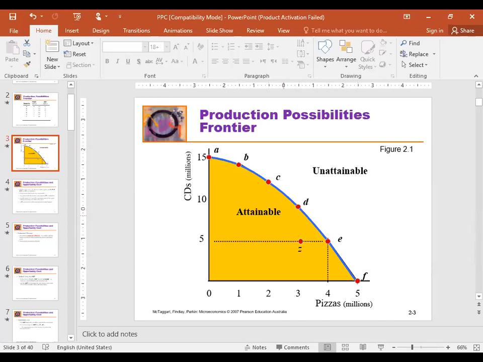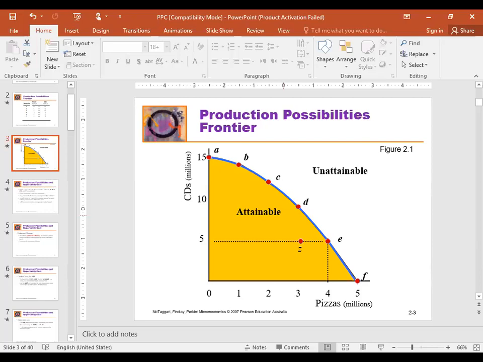What does it do? It shows a company the different possibilities of production that it could go through. But at the same time, as a company, you're dealing with a limited amount of resources. That means you cannot produce as much as you like.